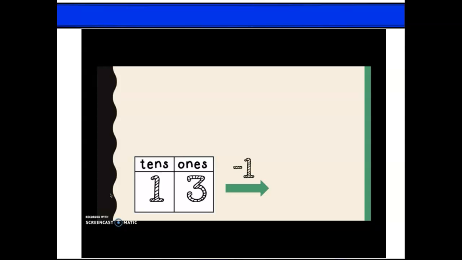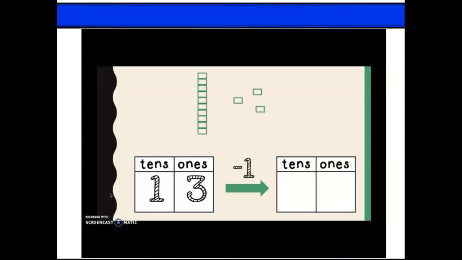Oh, that's going to be hard to do. You know what? I'm just going to draw a picture first. Let's see. Oh, there, that's helpful. So if I have 1 10 and 3 ones, let me check. 10, 11, 12, 13. Perfect. And it says 1 less, or minus 1.